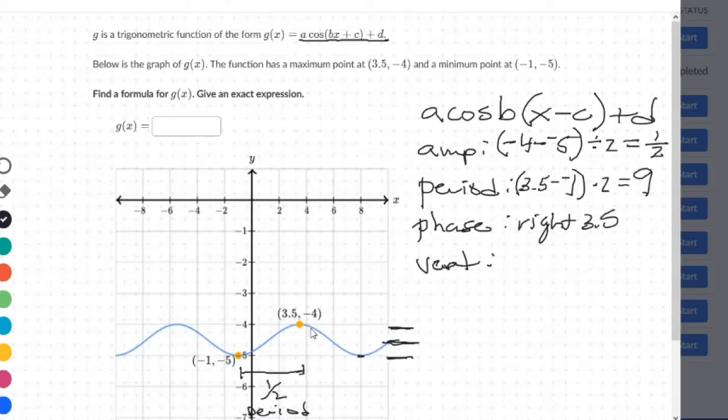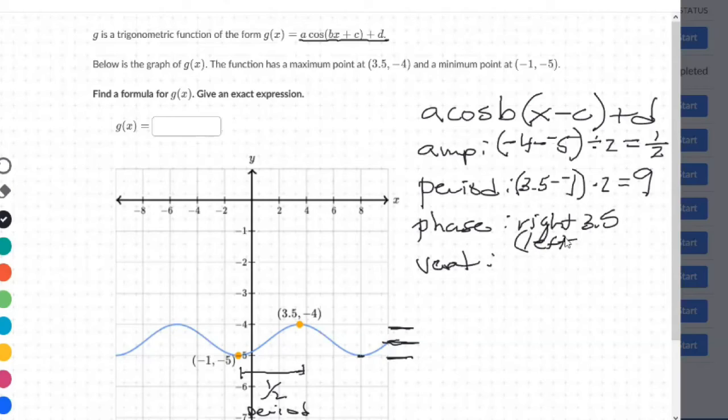But I also could have gone the other way. And if I go backwards, well, I would use this one actually and flip it upside down. So if I flipped it upside down, I would go back 1, so left 1. But I'm going to go ahead and stick with this right 3.5. But you could do either one. So the other is left.